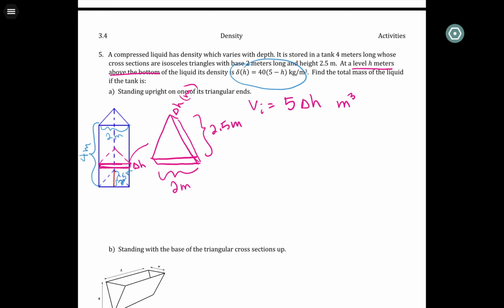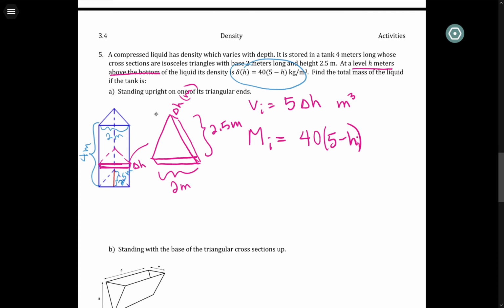So what do I want to call it? I guess I'll call it big M. The mass of our slice is going to be the density, so the mass per unit volume, multiplied by the volume. So at depth h, the mass density is given by 40 minus 5h, and that would be an h sub i for now. So h sub i is how far we are from the bottom.